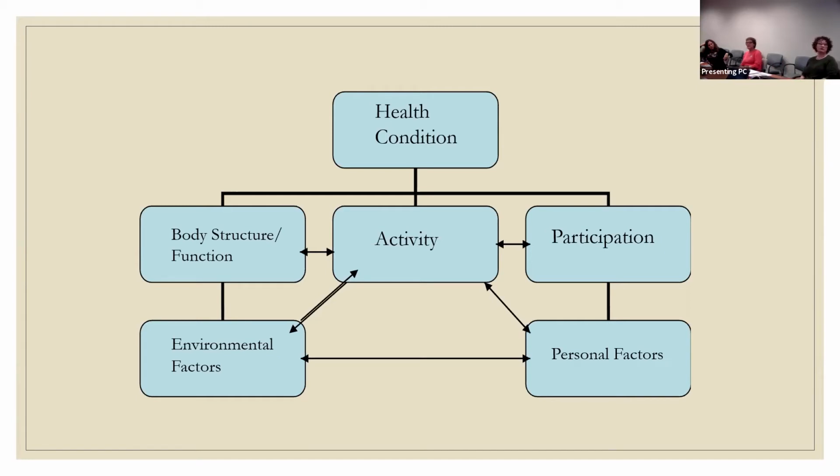One of the things I think about with environmental factors is an example I use a lot with my students when I talk about clients with spinal cord injury. You have an able-bodied person who's walking around their community as easily as you and I, and then they have a spinal cord injury and now they're a full-time wheelchair user. In a certain environment, they're completely independent.